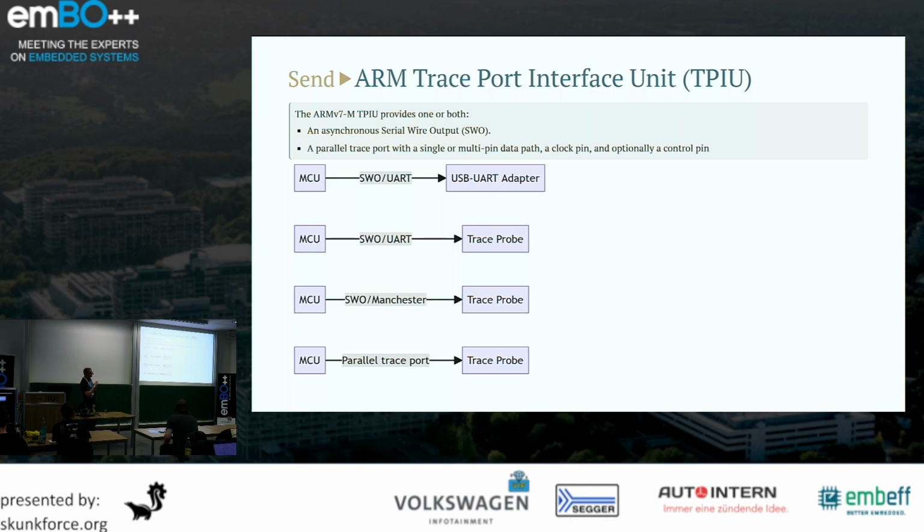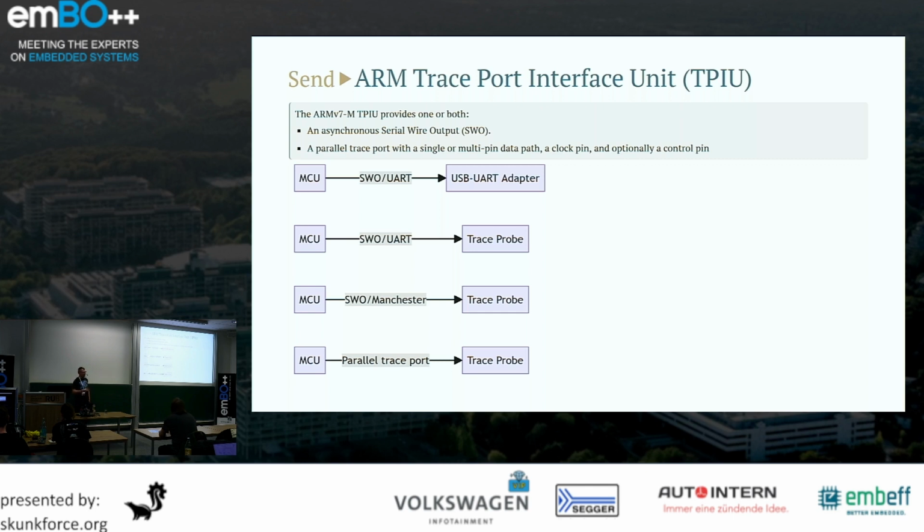And starting from the top, I think it's the most interesting one if you would like to start something along the lines of tracing, because you don't need a special trace probe. You can use a cheap FTDI USB UART adapter and get some data. You have some limitations because it will not keep up with dozens of megabits per second.